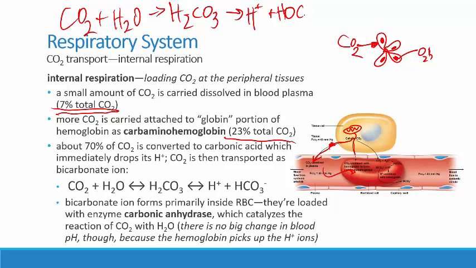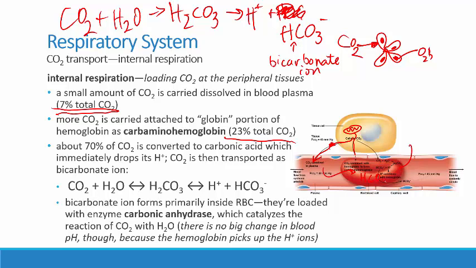I can't write and talk at the same time. So some of the CO2 that's in the blood plasma is actually carried as bicarbonate ion. And some of that CO2 will diffuse into our red blood cell and do that equation and make bicarbonate ion inside the red blood cell.